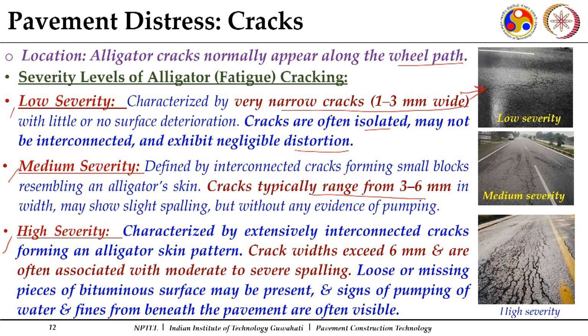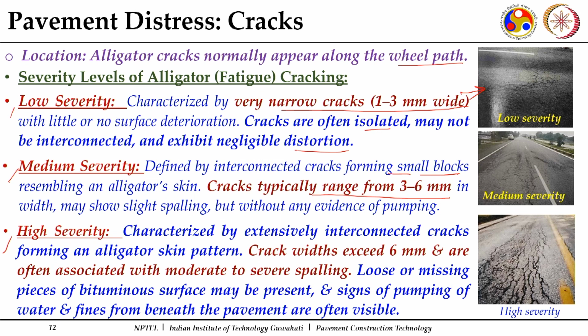When the crack width ranges from 3 to 6 mm and forms small blocks, because earlier there were not many interconnected cracks under low severity, here they start forming. So, in due course of time, if they are not addressed, the low severity cracks may move to medium severity cracking.